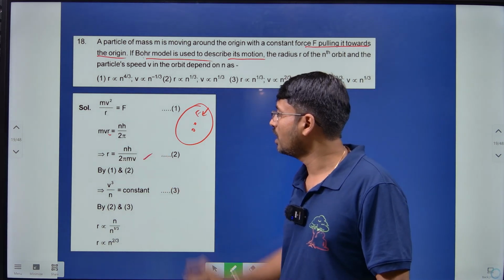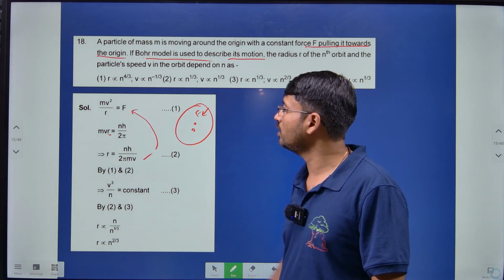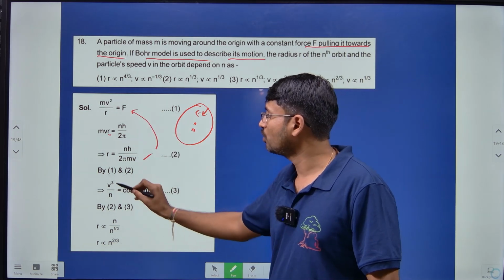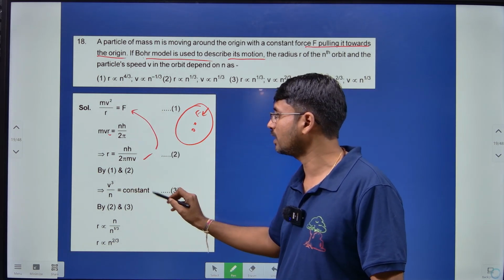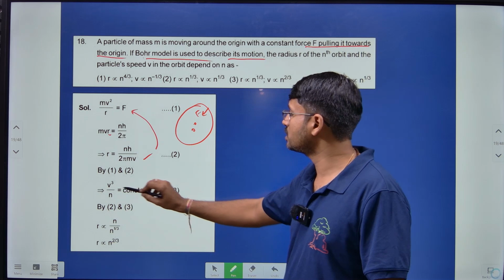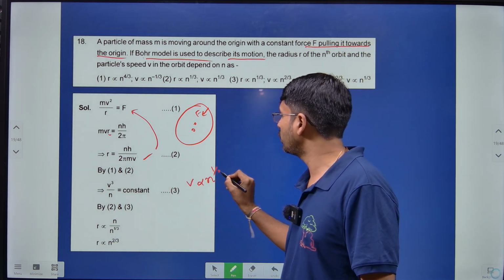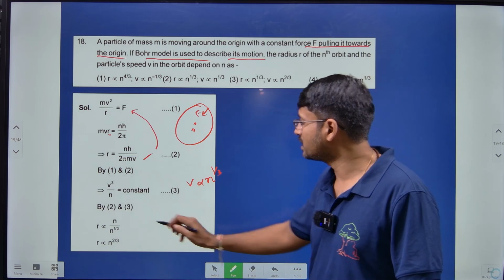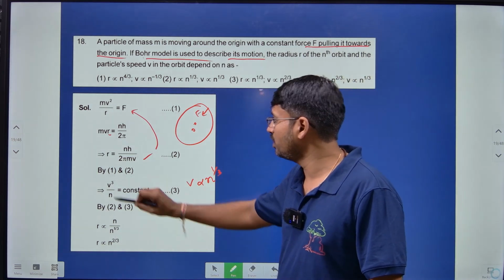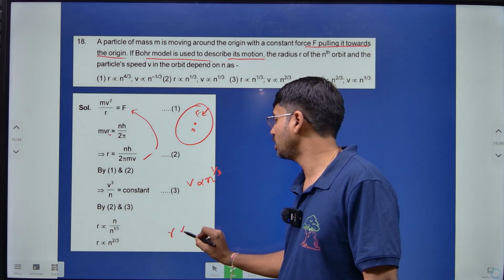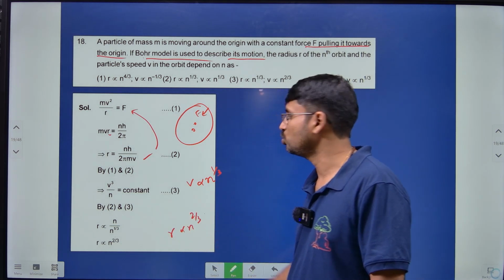Substitute this in the first equation and you get v cube divided by n as a constant. Therefore v is directly proportional to n to the power 1 by 3. Substituting in the above equation, r is directly proportional to n to the power 2 by 3.